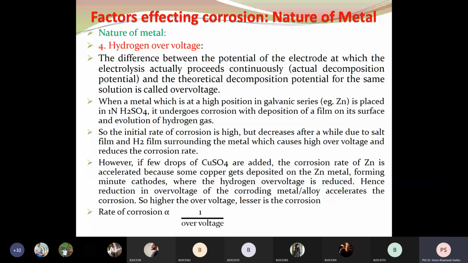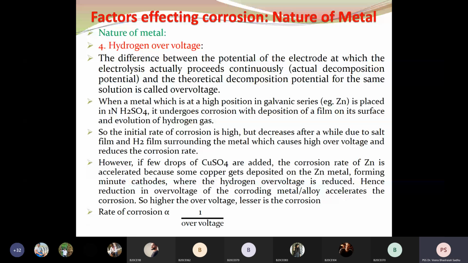For example, when a metal with a high position in the galvanic series, for example zinc, is placed in one normal sulfuric acid solution, it undergoes corrosion with the deposition of a film on its surface and evolution of hydrogen gas.